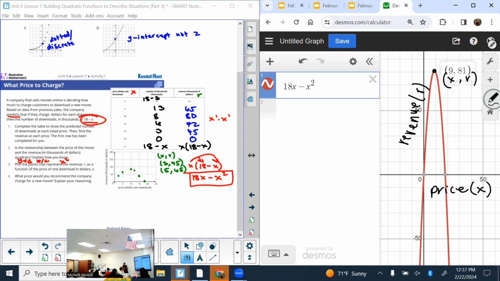So the price that you would recommend would be 9, as it gives the most revenue. Okay, and the revenue itself is 81, and that's in thousands of dollars.